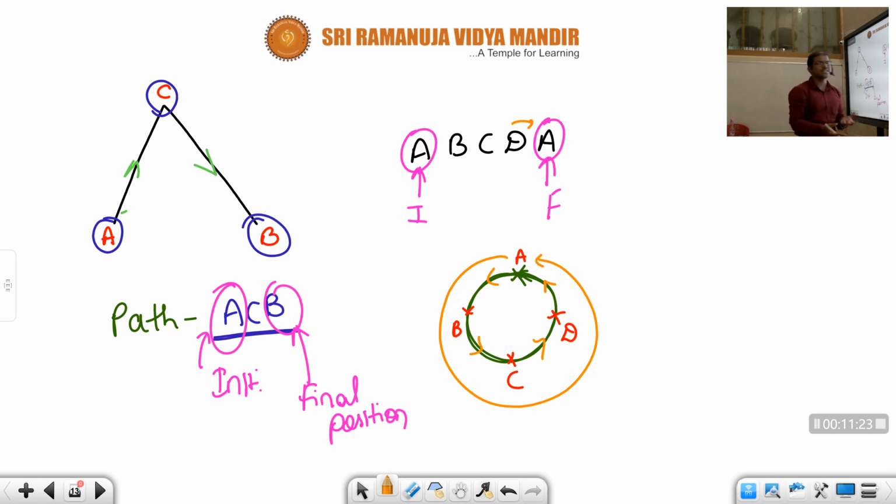So it forms a circular path. Exactly, we can't say a circle, but we can say that the initial and final points are the same. From where the particle started, again it is reaching the same point.